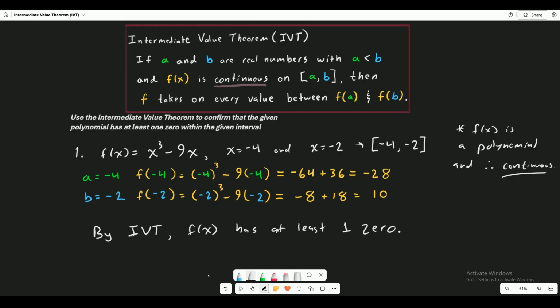Okay, all polynomials are continuous. So if it's a polynomial, it's continuous. We don't have to worry about that. Okay, there we go. That's how we solve it. We have to find f of a and f of b, and if it goes from positive to negative, or negative to positive, then we had to have at least 1 zero. We crossed it. And let's graph it to confirm, okay? x cubed minus 9x.